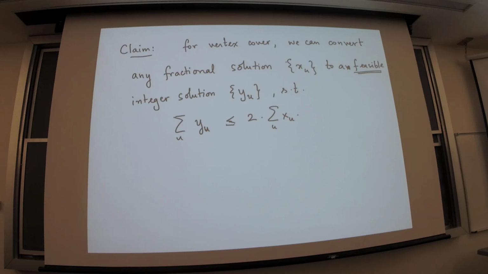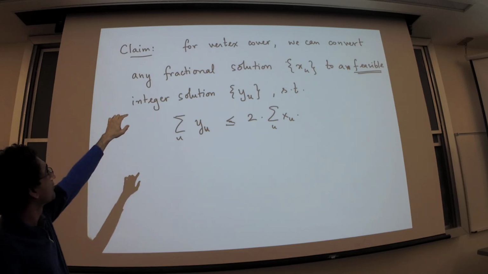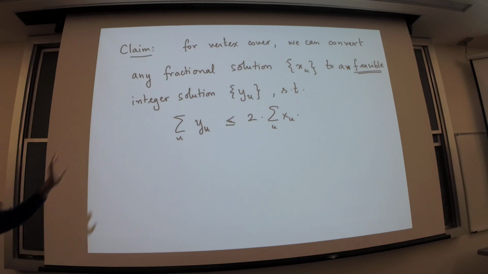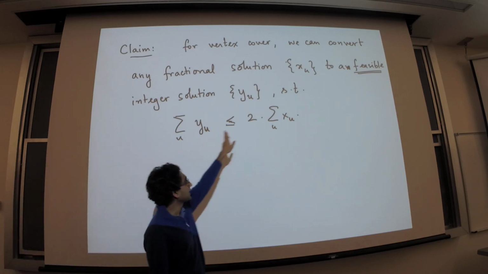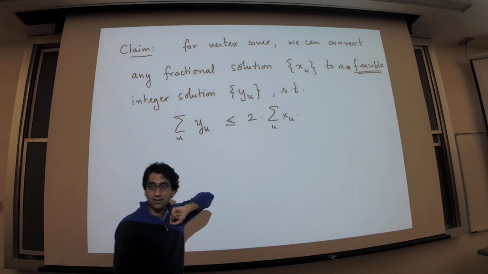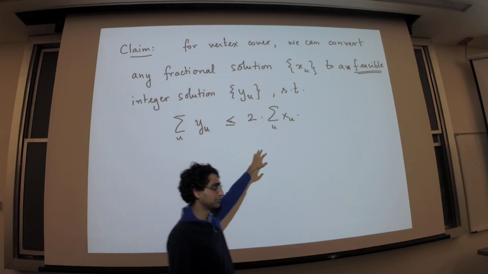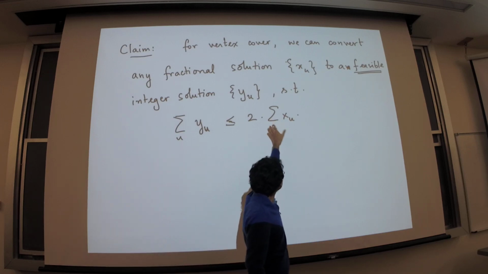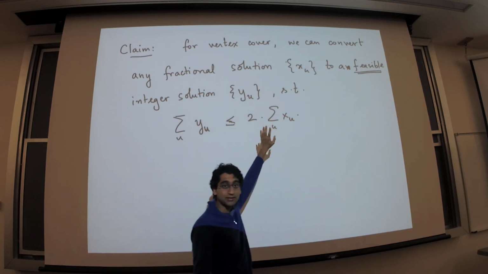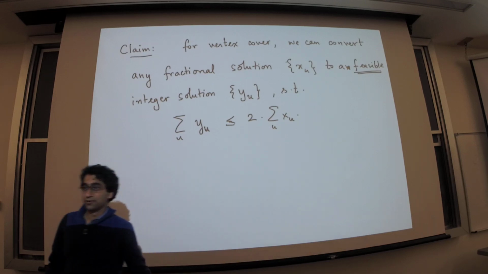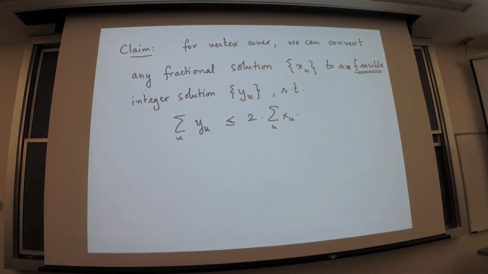So you can take any feasible fractional solution. You can convert it into a feasible integer solution so that the sum of the yu's is at most 2 times sum over xu. Note that this is the quantity I care about because this is the objective value. So this was the quantity being minimized, right?